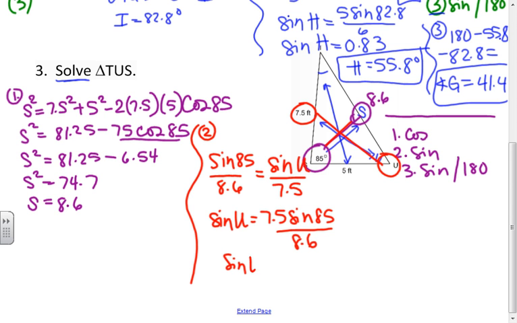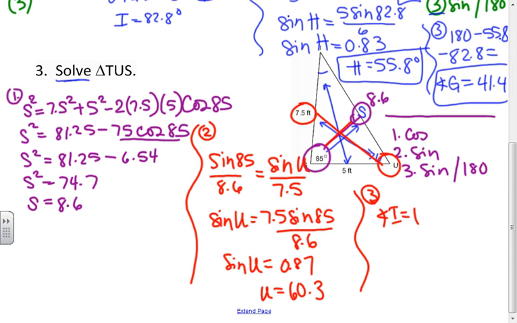The sine of u is equal to 0.87. Inverse, u is a 60.3 degree angle. Then angle I is going to be equal to 180 minus 85 minus 60.3. And that will be a grand total of 34.7.